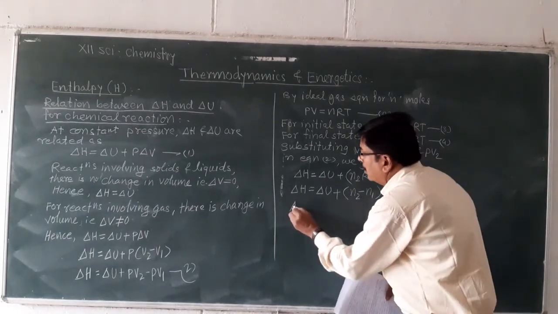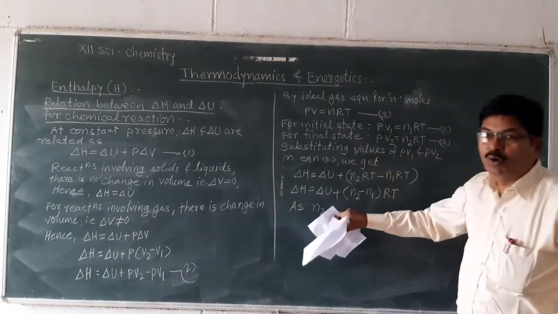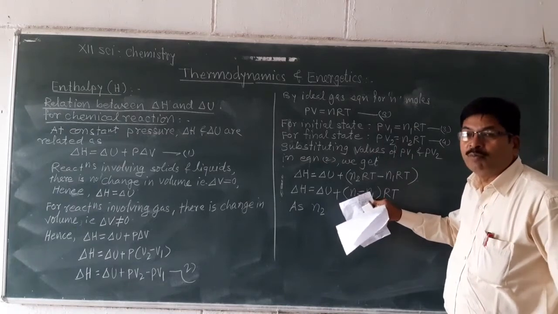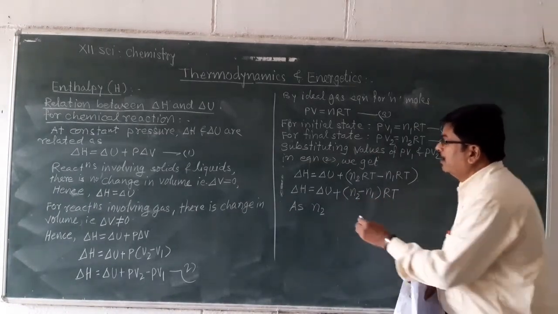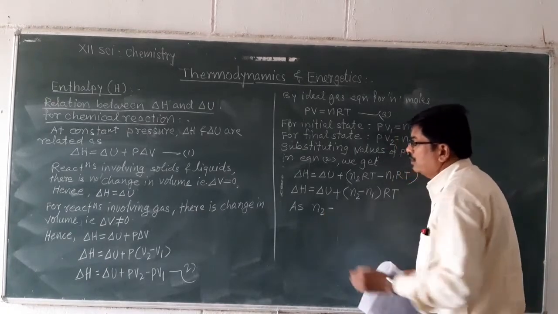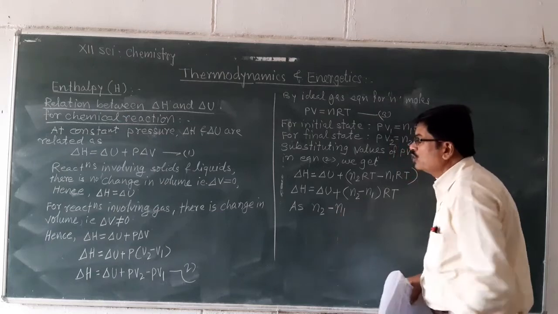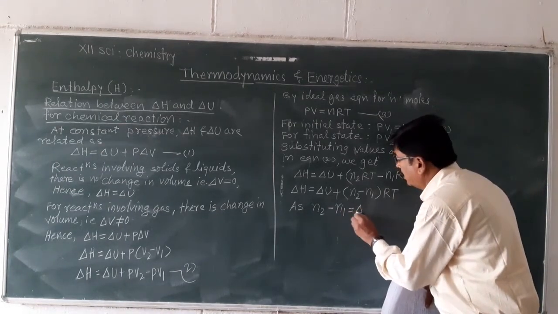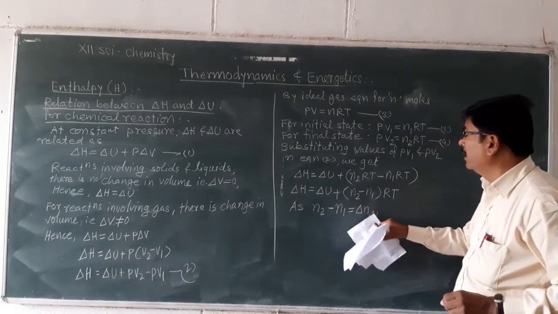Now N2 is the number of moles of the system in the final state and N1 is the number of moles of the system in the initial state. The difference between the number of moles in the final state minus the number of moles in the initial state is the change in number of moles of the gaseous system, delta Ng.